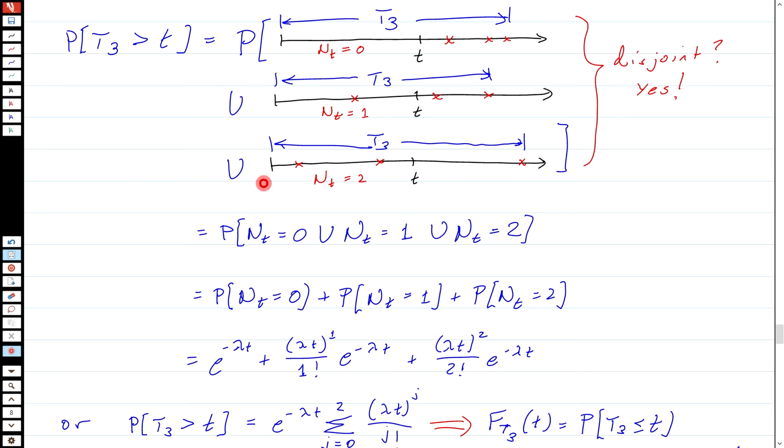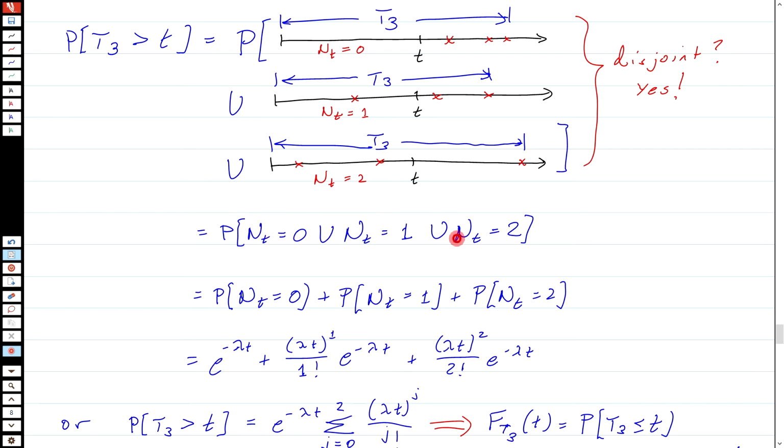So this is the probability that N_t equals 0, or N_t equals 1, or N_t equals 2. I'm getting that by looking at what these things mean. If all three of these are outside of t, then N_t is 0 here. If we had 1 in here, then N_t is 1. If we had 2, then N_t is 2.